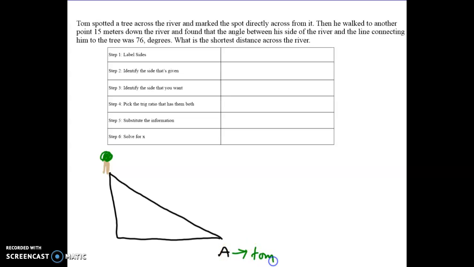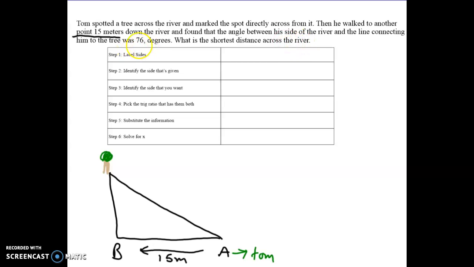So Tom sees a tree across the river, right? And he's trying to say, where's the shortest point for him to cross the river? I'm going to label this point B, because Tom walked to another point 15 meters down. So Tom walks to this point, which is 15 meters away from him.